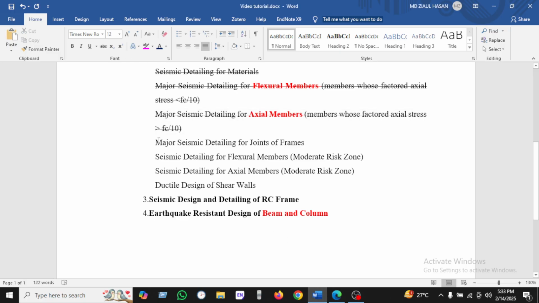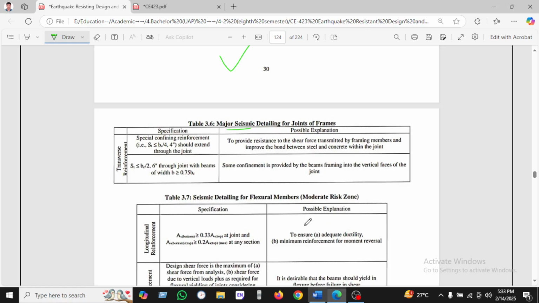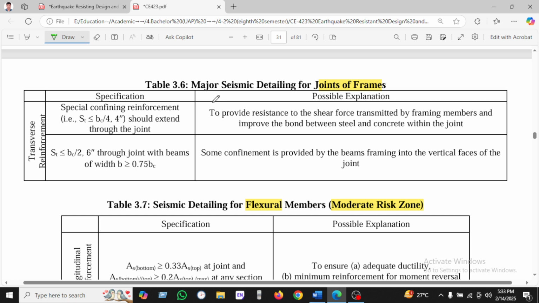So let's see the measure seismic detailing of joint frame. So let's see what is the criteria of joint frame. I'm taking here the measure seismic detailing for joint frame. At first I'm talking about the transverse reinforcement.